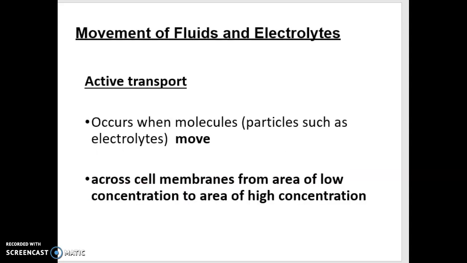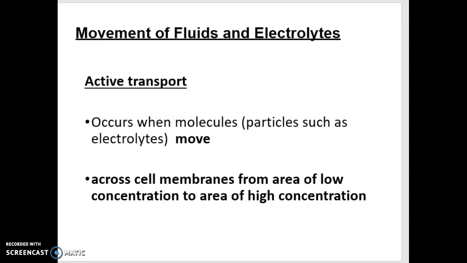All right. This seems to cause people some grief as well, active transport. So in active transport, you're talking about going against the laws of nature, things that would not normally move. For example, there's more potassium inside the cell than there is outside the cell.